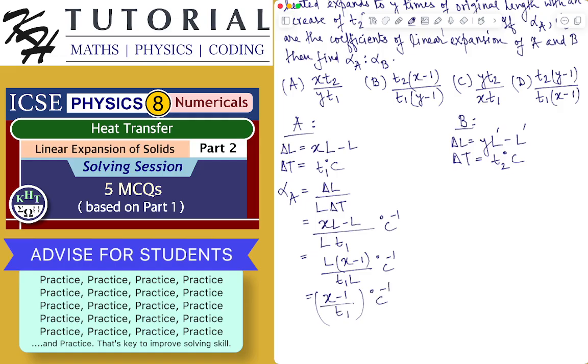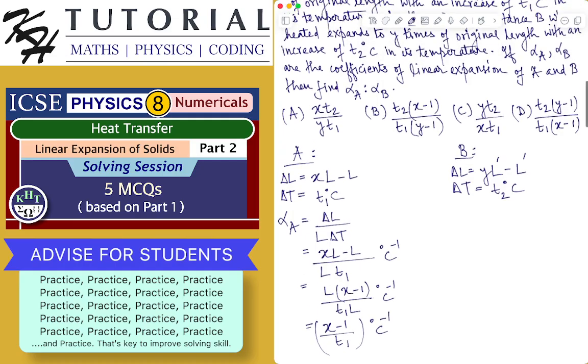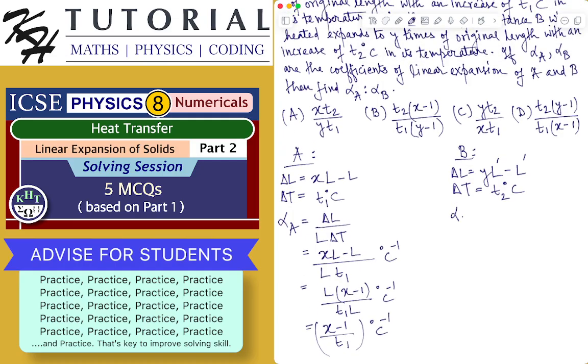Similarly, for the substance B, we have alpha B, we know, is delta L divided by the original length, which we have assumed to be L dash, multiplied by delta T, which is T2 degree, this much per degree Celsius.